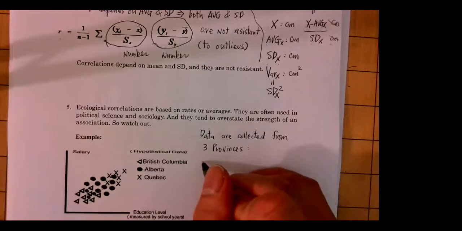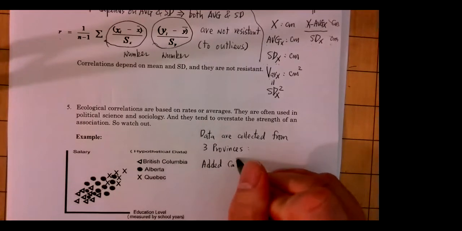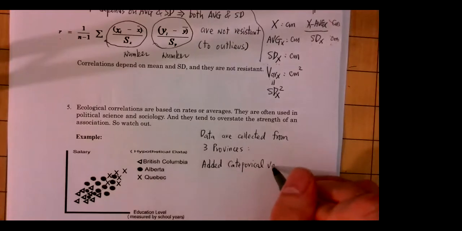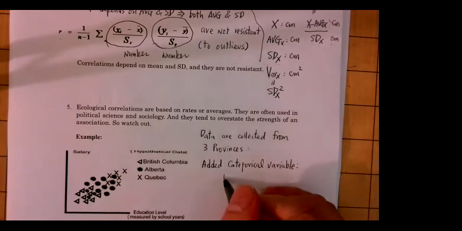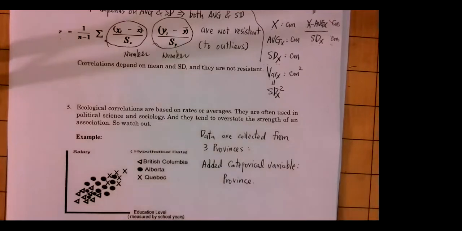So the added categorical variable is province. So you see in the picture, there are 3 groups, okay?